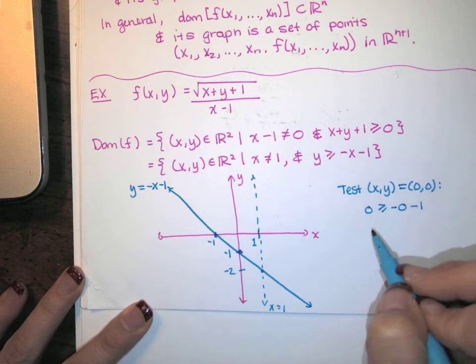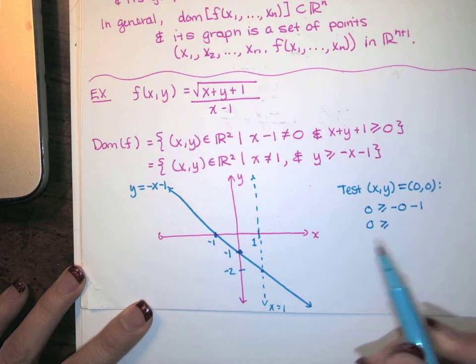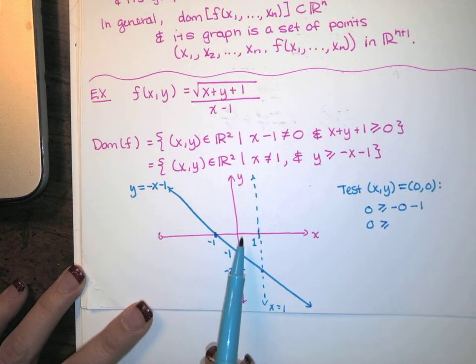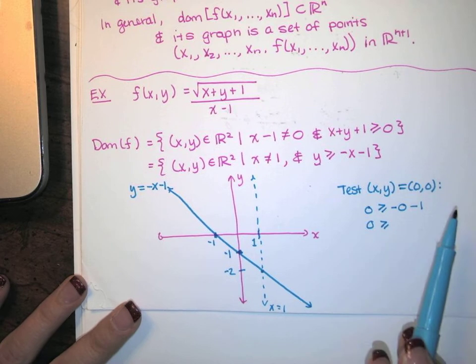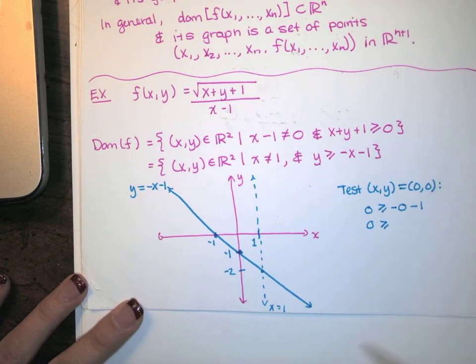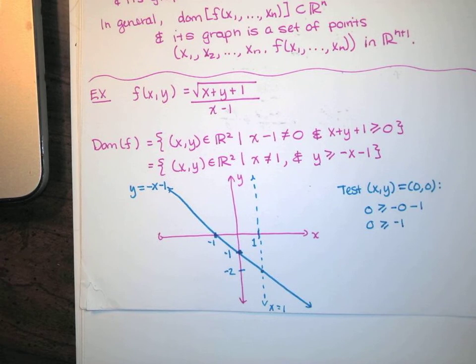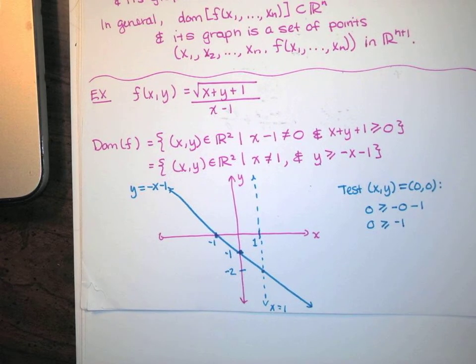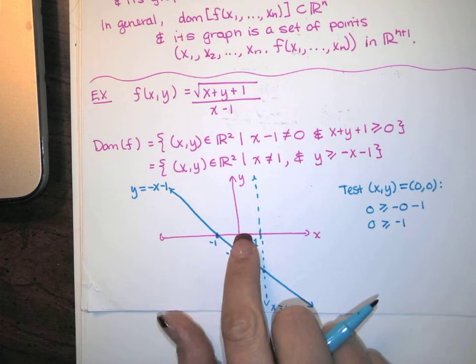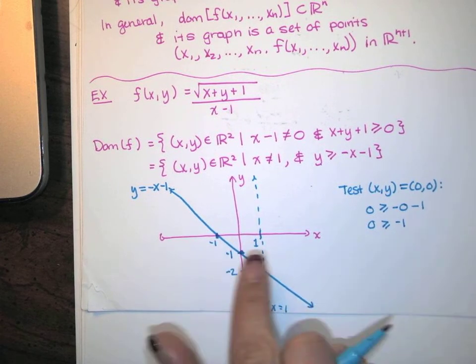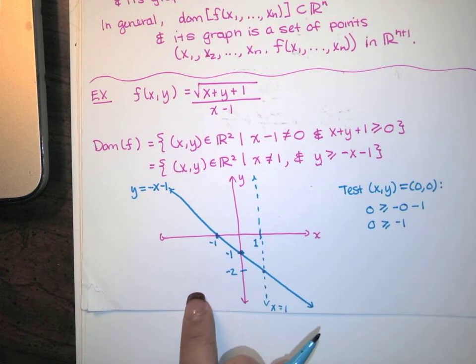Of course, the opposite of 0 is 0. To test that point, I just replace the x with a 0, I replace the y with a 0, and then I simplify the inequality. And then I look at it and I say to myself, is that true or is it false? If it's true, shade the region that includes that test point 0, 0. If it's false, don't shade that region, shade the other region.